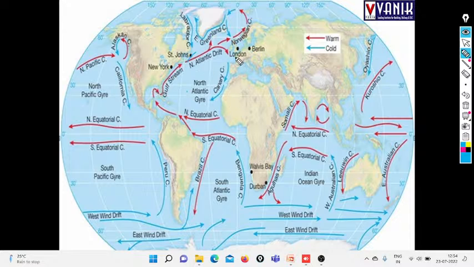And even Europe's western side and Africa's entire western coast is dominated by the Atlantic Ocean.